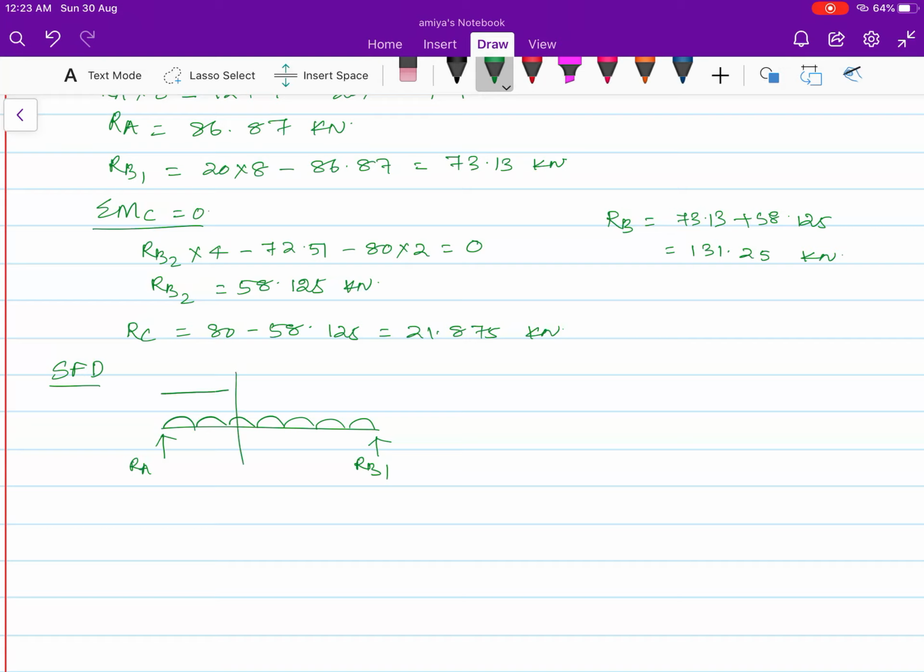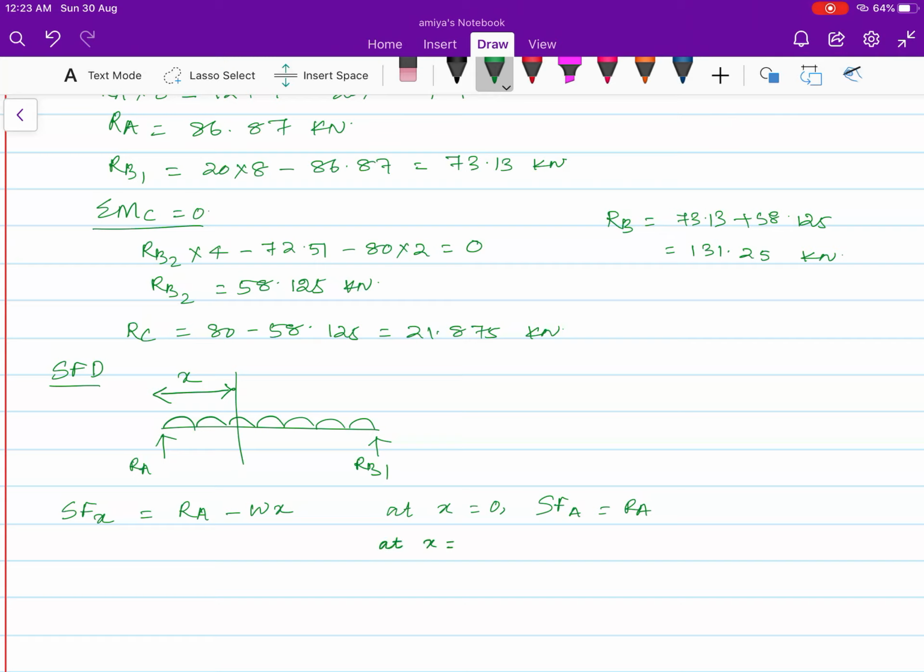Take a section X. The shear force at X is RA minus W into X. At X equal to 0, the shear force at A is RA.